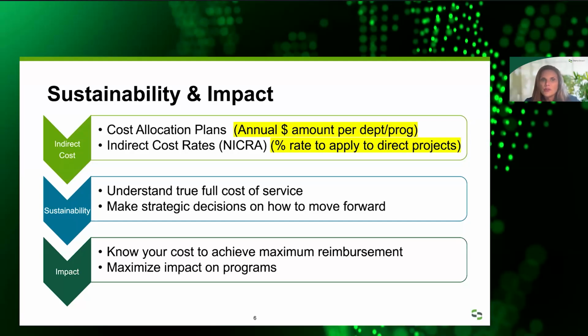What that leads you to is the understanding of what your true cost of service is to make better strategic decisions, and then knowing how you can achieve your maximum reimbursement and maximize your impact on programs. Obviously, that's why we're all here. That's why we're in these services of nonprofits and governments and public sector, is really to support the constituents and to service them in the most impactful way that we can. So this is a key component in that.